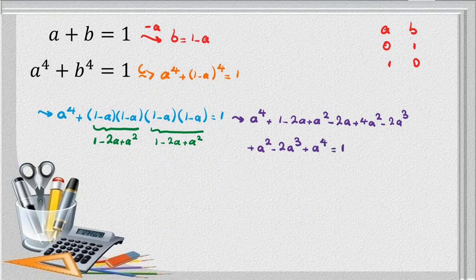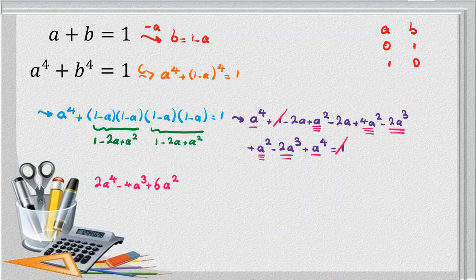Okay? Now let's simplify as much as we can. We can cancel 1 and 1. A to the 4, A to the 4 will be 2A to the 4. Negative 2A cubed, negative 2A cubed, negative 4A cubed. And squared, 4A squared, A squared, it will be 6A squared.